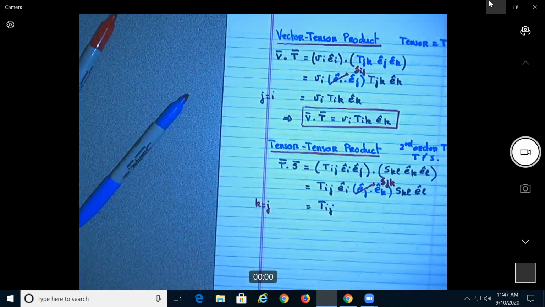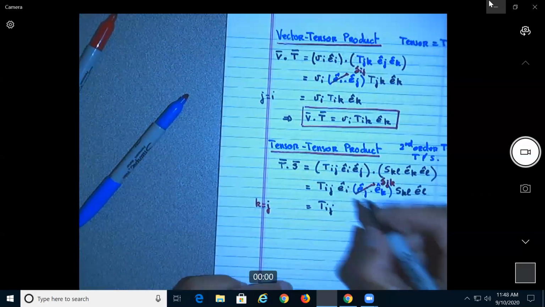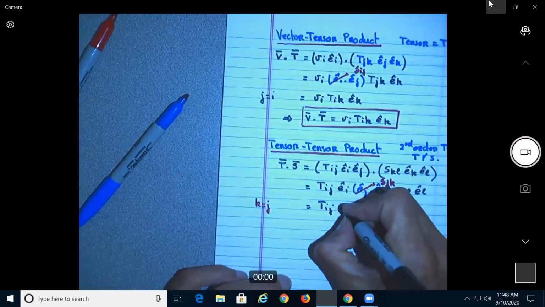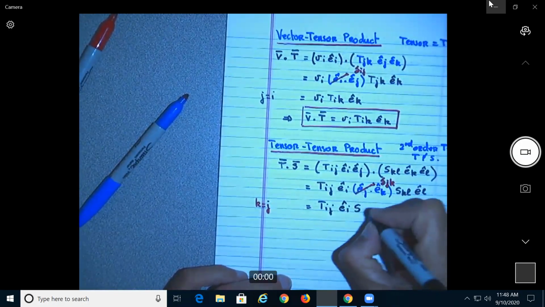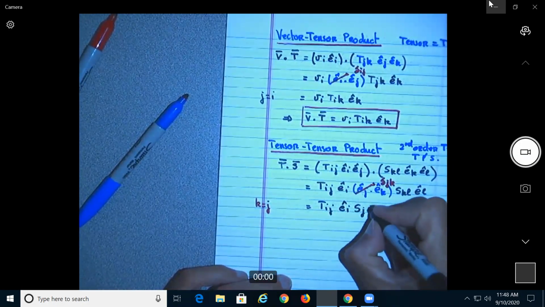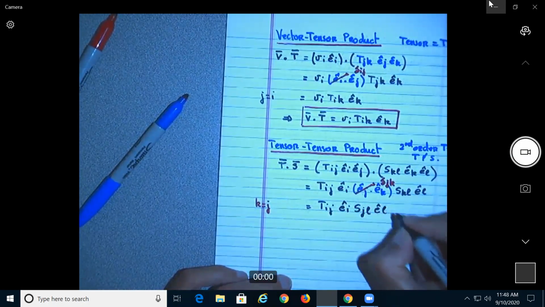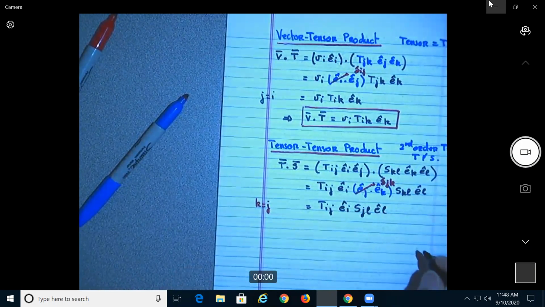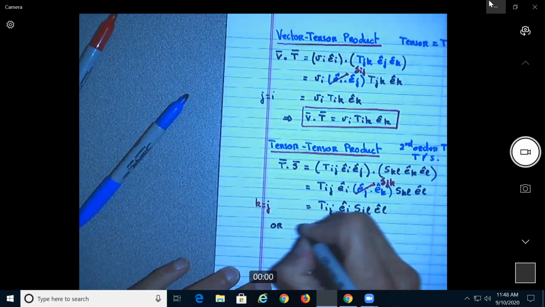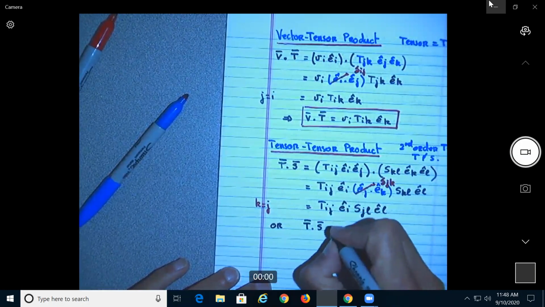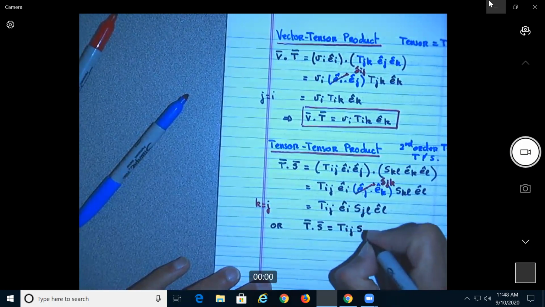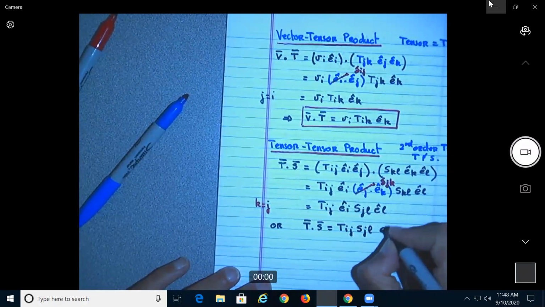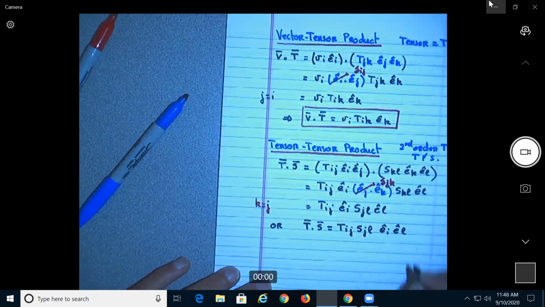Tij E sub I S of JL E of L. Okay, or you could just say equal to Tij SJL E of I E of L.